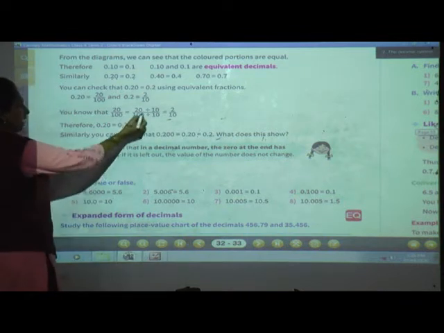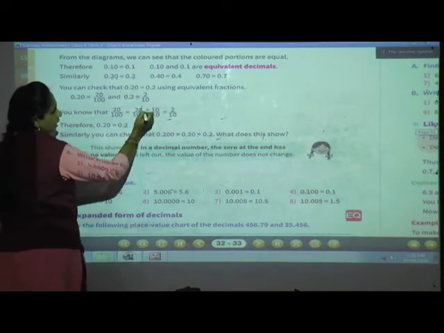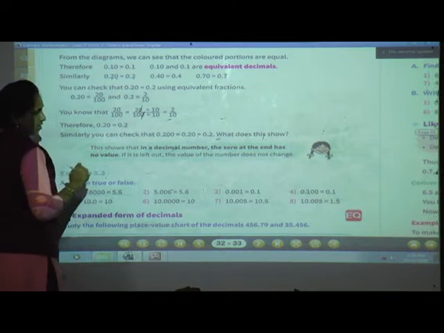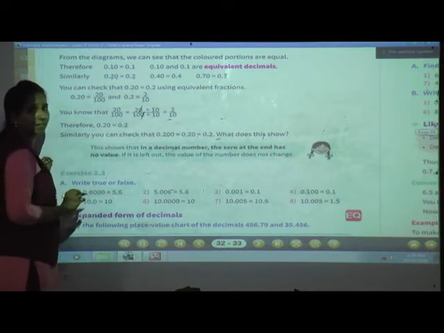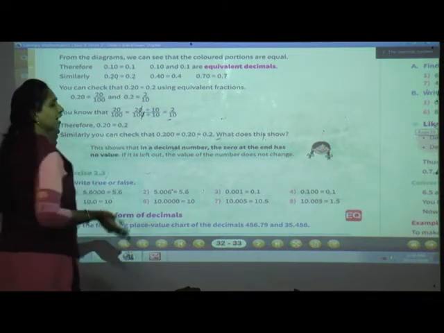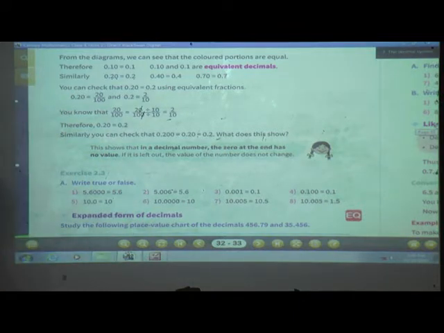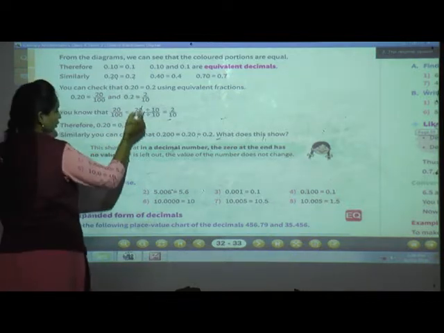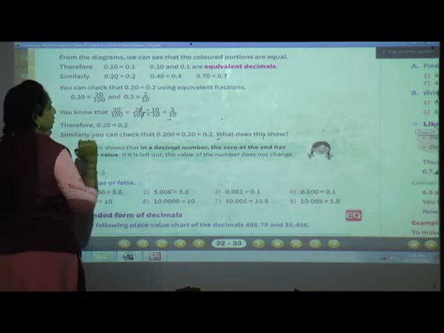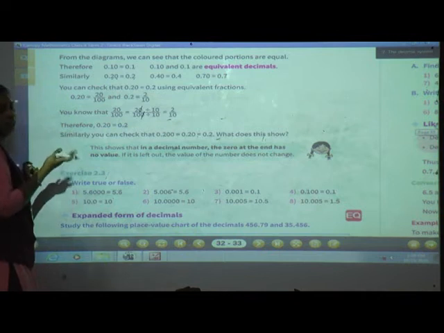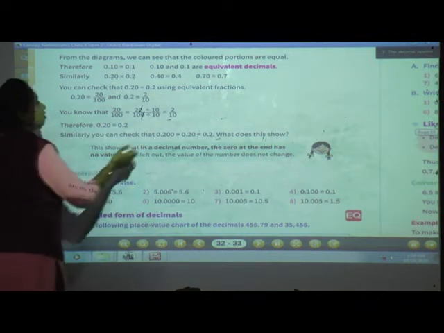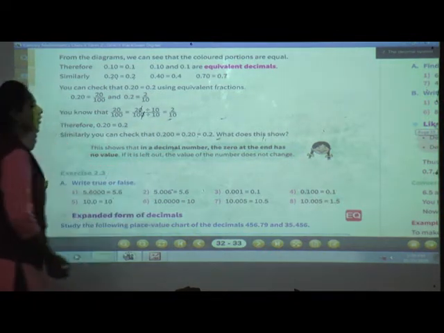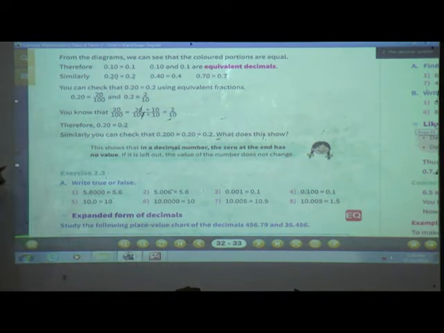Means we divide by 10, I have done it directly. I divided by 10 only, but directly we can use the shortcut method by crossing the same number of zeros in numerator and denominator. So here also we get 2 upon 10. Therefore 0.20 and 0.2 are equivalent decimals.